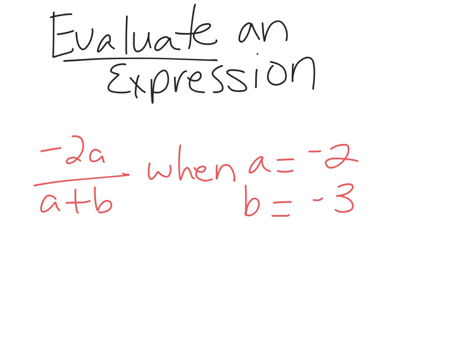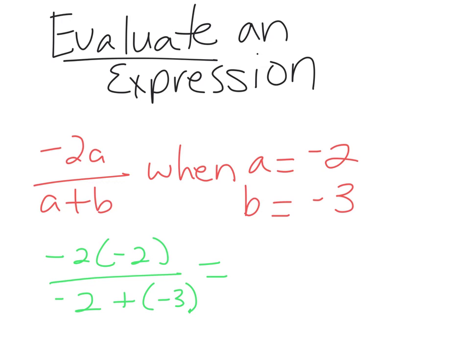Here we want to look at evaluating an expression. We have negative 2a over a plus b when a equals negative 2 and b equals negative 3. So we replace what we have. We'll have negative 2 times negative 2 over negative 2 plus negative 3.